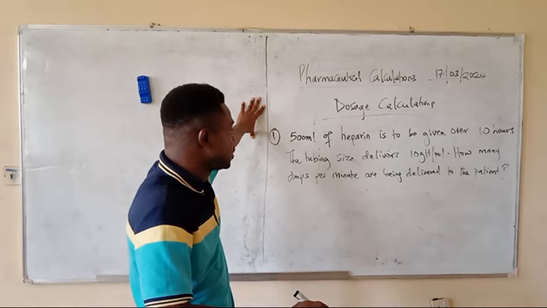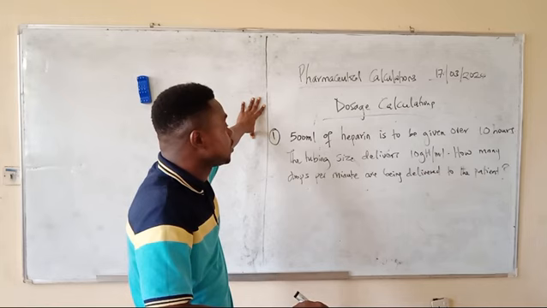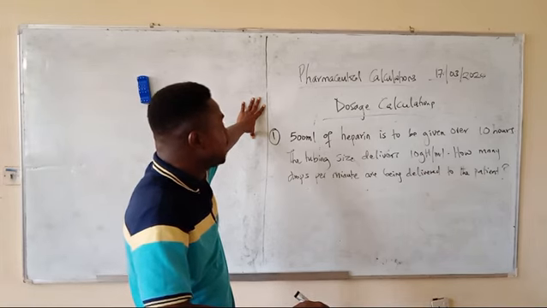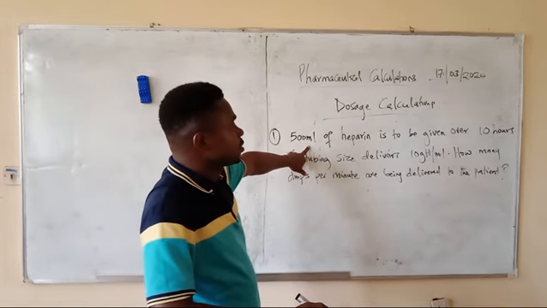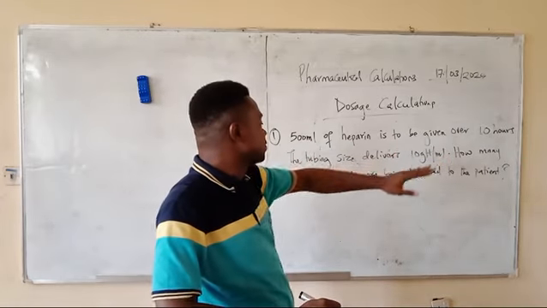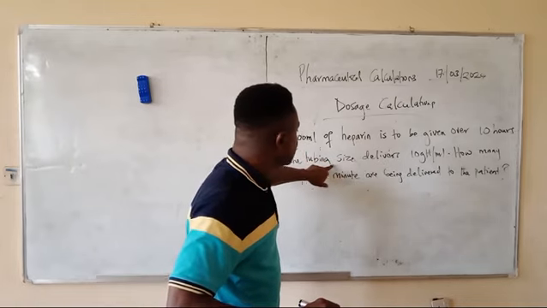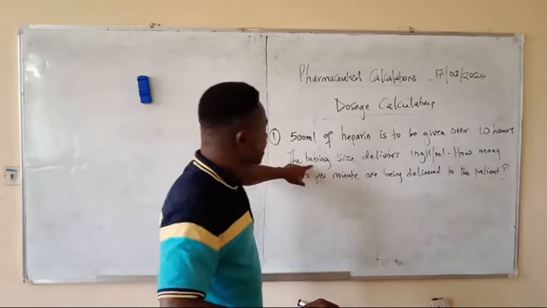If you look at this question, it talks about drip rates altogether. So the heparin is 500 ml to be given over 10 hours. Now this is the drip set used.